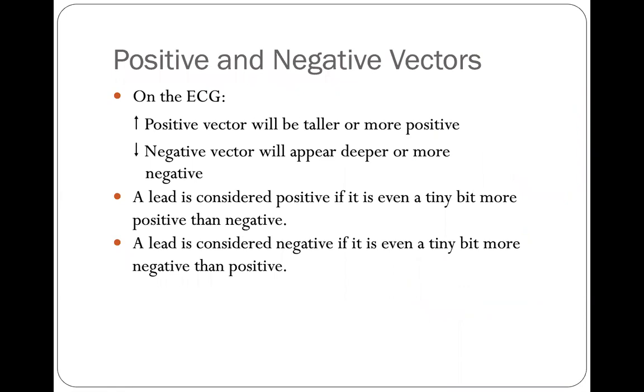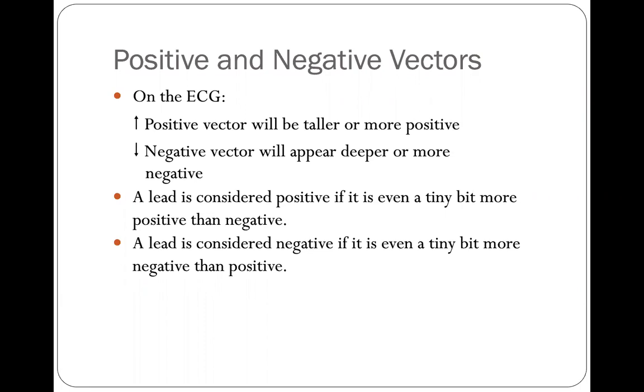On the EKG then, a positive vector will be one that is slightly more positive than it is negative, and a negative vector is one that is slightly more negative than it is positive. We would say that a lead is positive even if it is just a tiny little bit more positive than it is negative.